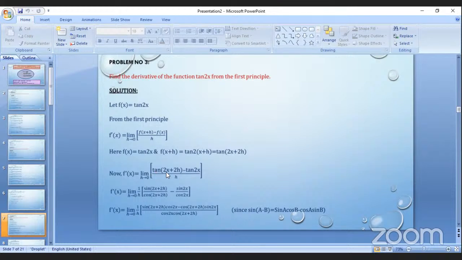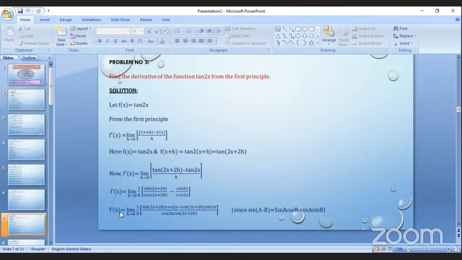Here tan x is written as sin x by cos x, so tan of (2x plus 2h) equals sin of (2x plus 2h) by cos of (2x plus 2h), minus sin 2x by cos 2x.